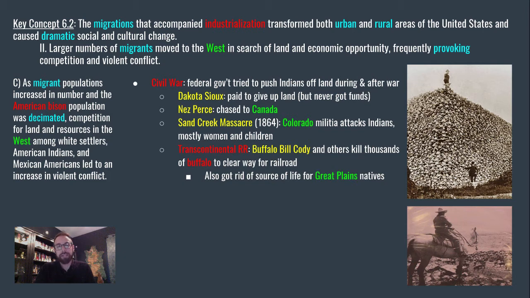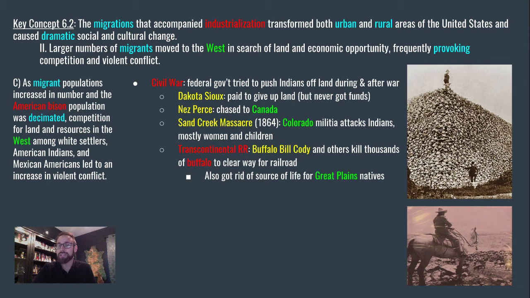The buffalo, the bison, represented a source of life for the Great Plains natives that were still there. So if you got rid of their source of life, you were going to decimate the way that they could eat, the way that they could survive, have things to burn, and you were also decimating their culture, which was tied in to the hunting of the buffalo and these different cycles throughout the year. If you look to the upper right there, there is a giant mound of buffalo skulls.